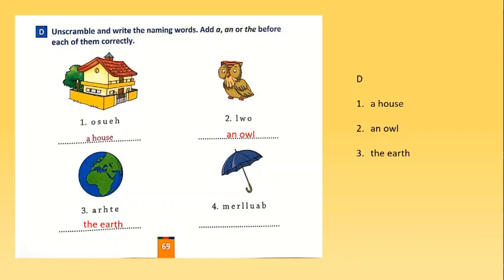Umbrella, the correct spelling is U-M-B-R-E-L-L-A. And umbrella starts with a vowel. So article an umbrella.